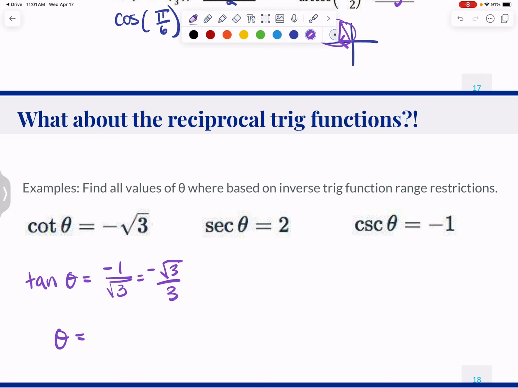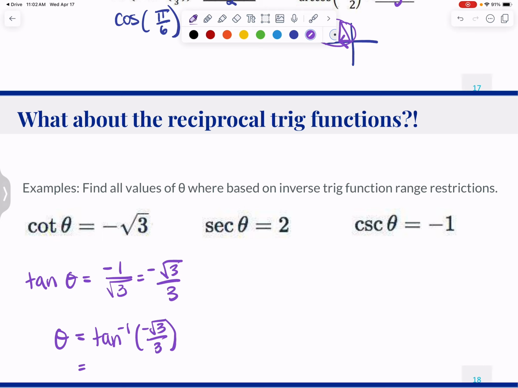We know tangent's negative in quadrants 2 and 4, and we're only looking at the negative coterminals in quadrant 4 when we take the inverse tangent, right? So when we take the inverse tangent of both sides of this equation, remember taking the inverse of both sides is what undoes a function, just like we take the square root of both sides of a quadratic with only an x squared, right?